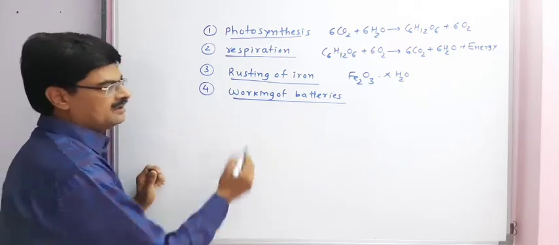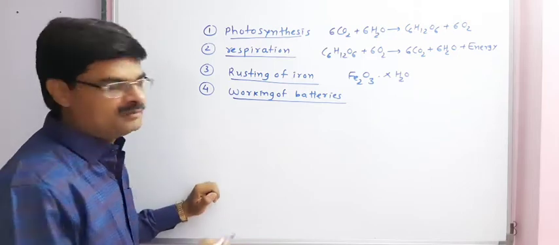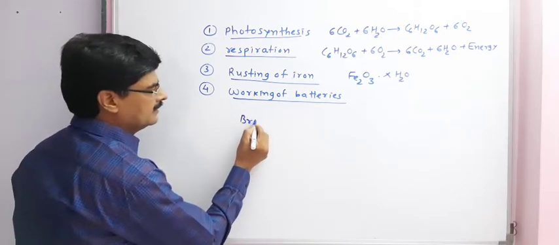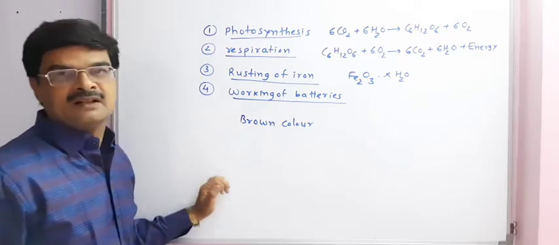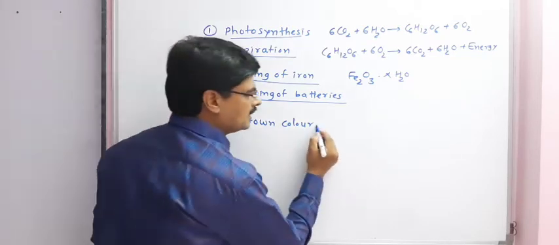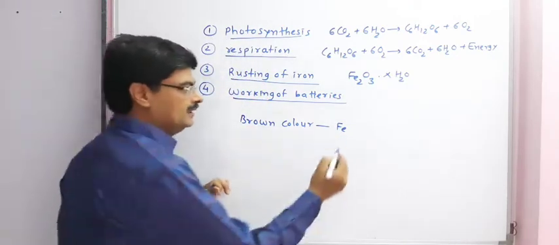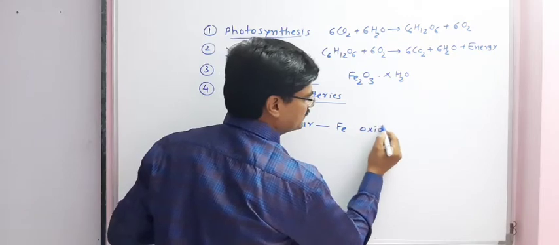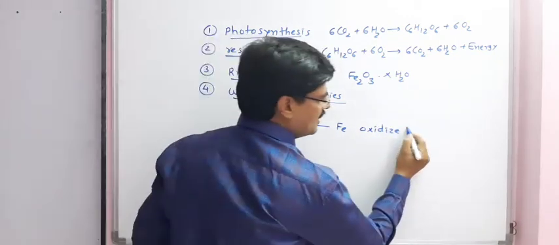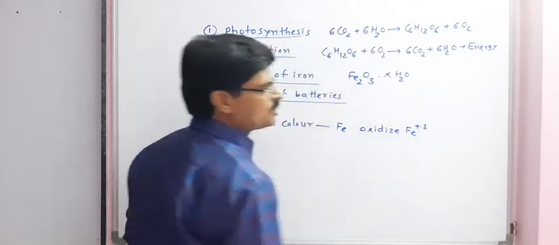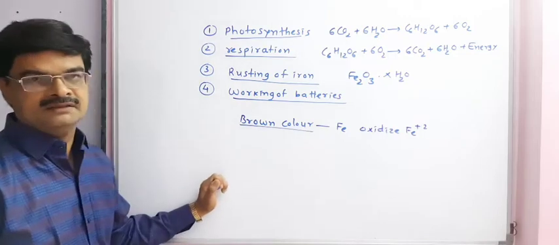Another redox reaction: when an apple is cut and if it is seen after some time, we can see brown color on its surface. This brown color is because of Fe present in apple oxidizing because of atmospheric oxygen and it converts to Fe3+, and that is why brown color is obtained.